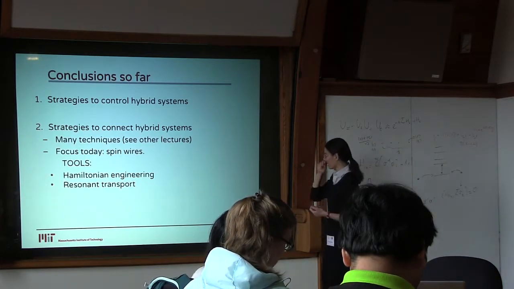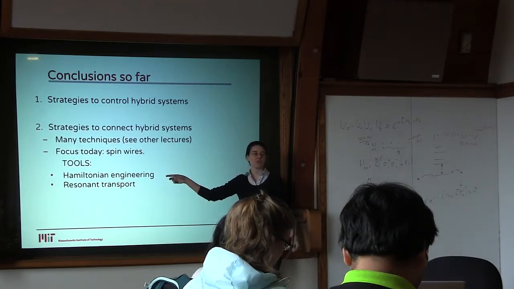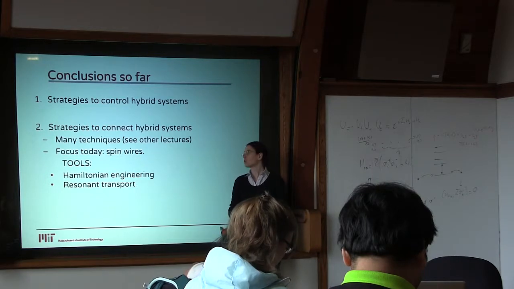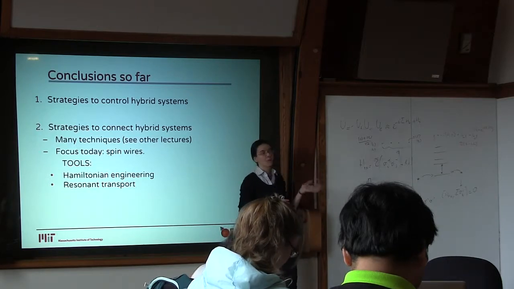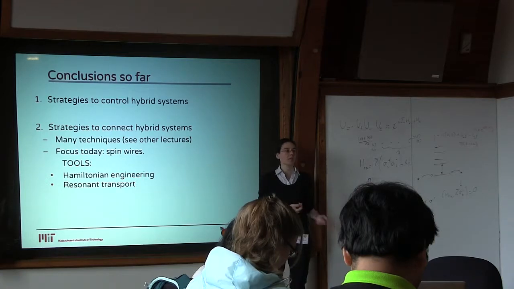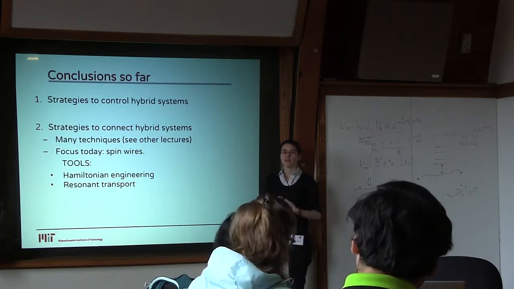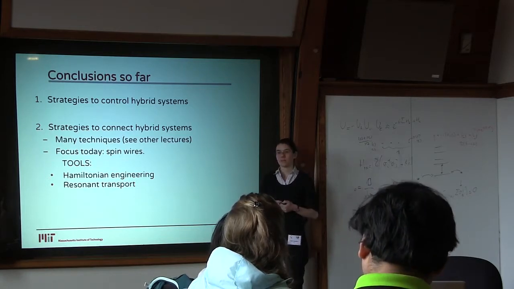In particular, I focused on two different techniques. One is Hamiltonian engineering, where you achieve the Hamiltonian you want for your transport, for example the double quantum or flip-flop Hamiltonian, starting from the natural Hamiltonian that nature gives you, using only a minimal set of control, just collective control over all your spins.